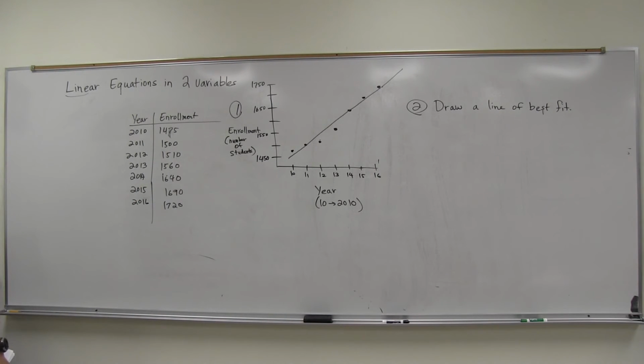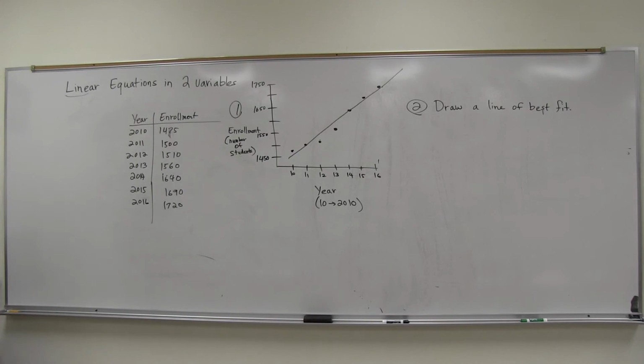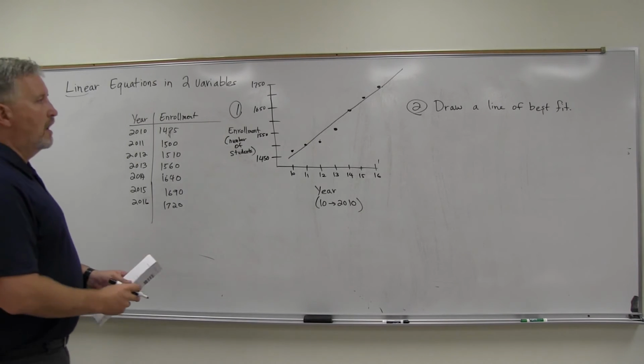So that's what we're looking for. Just something that goes kind of down the middle of the data. Sticks to most of the data pretty well. Okay? With me there? Question or concern about that? All right.